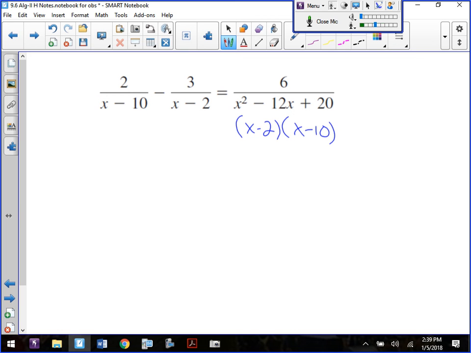Remember the whole 80-20 thing? What do you multiply everything by then? First fraction needs a what? Second fraction needs a what?